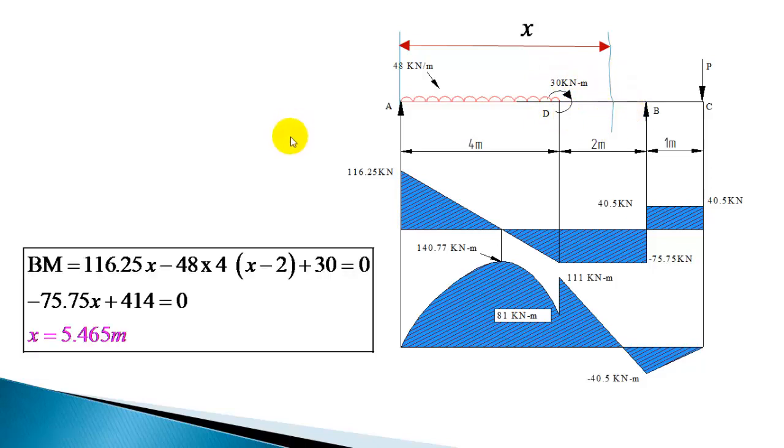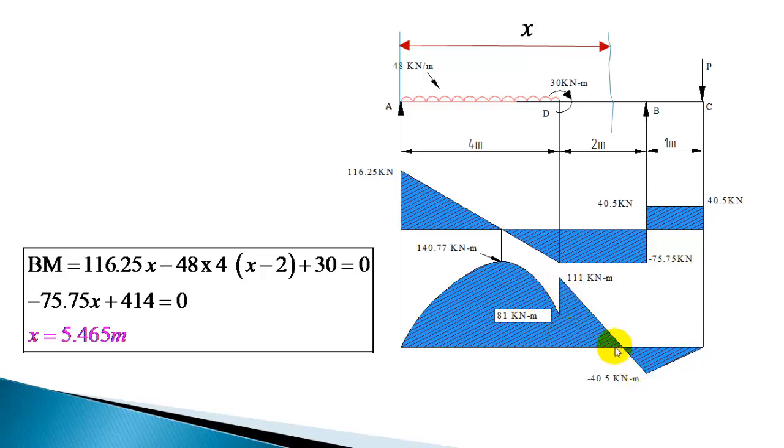Now that you have to equate to 0. So 116.25 x clockwise moment, minus 48 into 4 into x minus 2, plus clockwise couple 30, equated to 0. So you will get this equation, and it's a linear equation because it's a straight line variation.